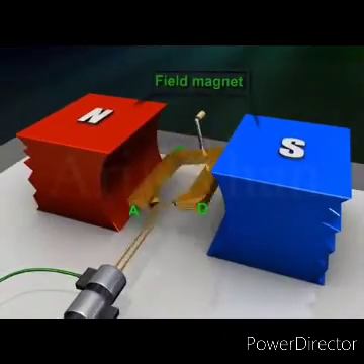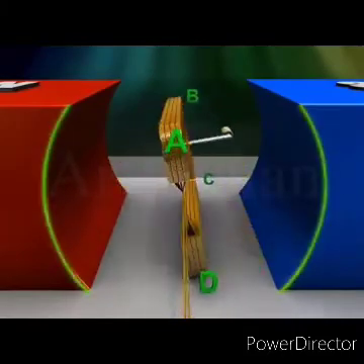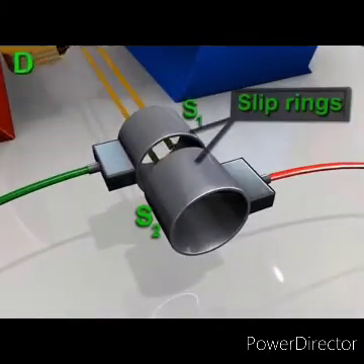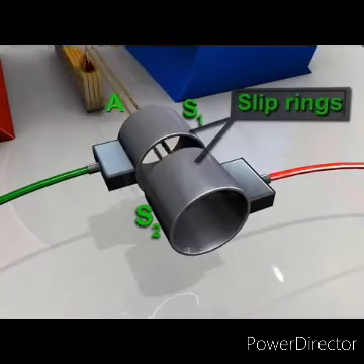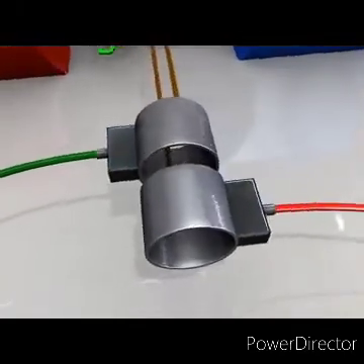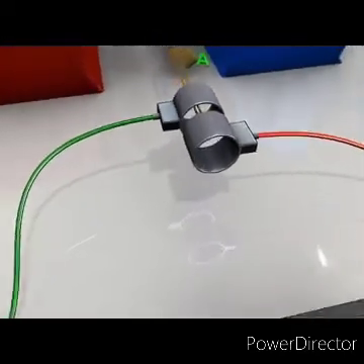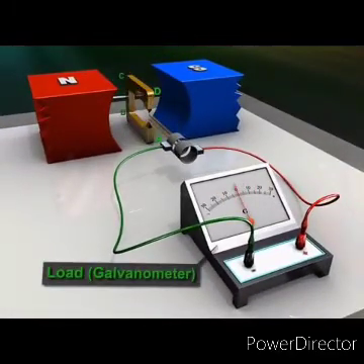It may be a strong permanent magnet with concave poles. Two slip rings S1 and S2. These are connected to the armature and thus rotate with it. Two brushes B1 and B2. They provide electrical contact with the slip rings and a load, which may be a galvanometer as shown.